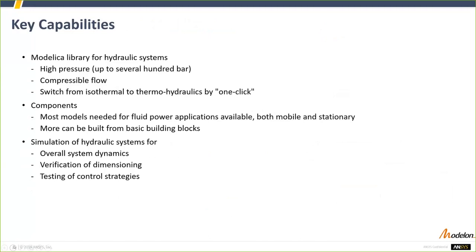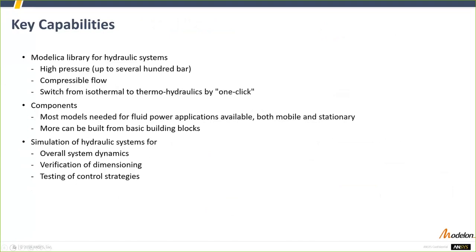There are many components already available in the library. We'll go through them in the next slides for both mobile and stationary applications. And you can do more, as I said before, because of the way we build the library. There are many building blocks, and you can just extend the model with your own correlation if you want.